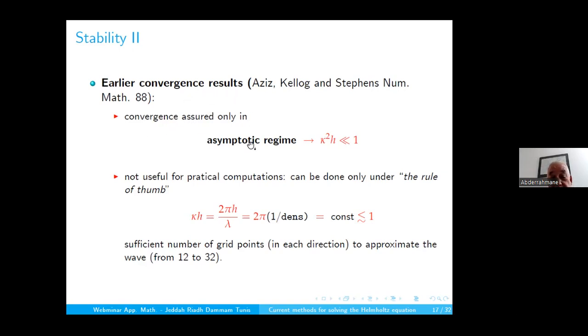This paper gives a theoretical result which shows how you can eliminate the pollution, but it cannot be used in practice. It gives rise to an overmeshed domain.